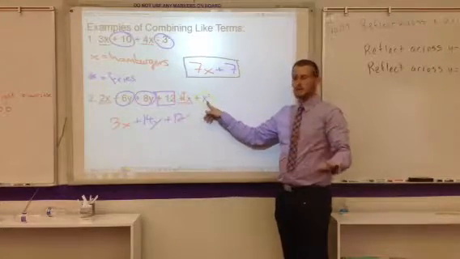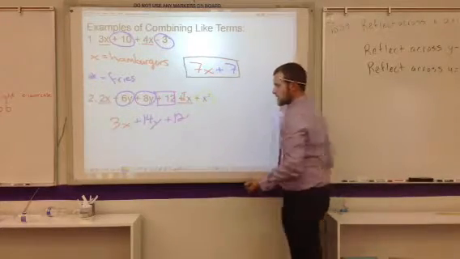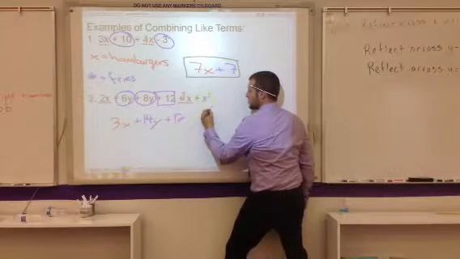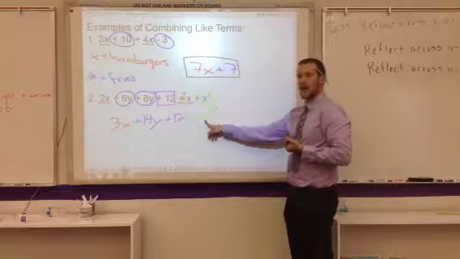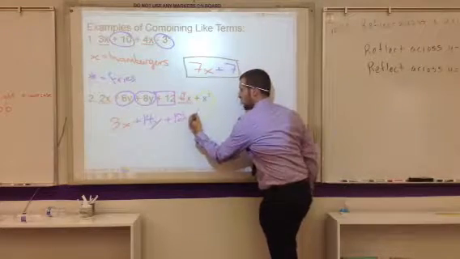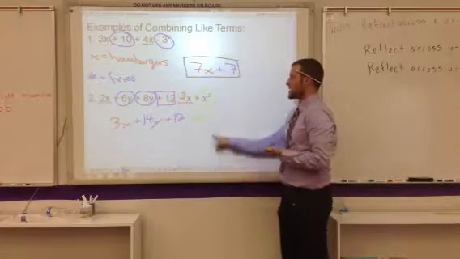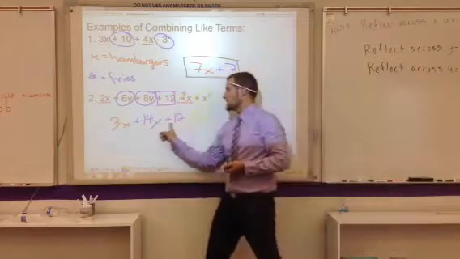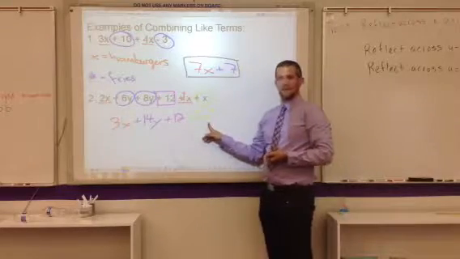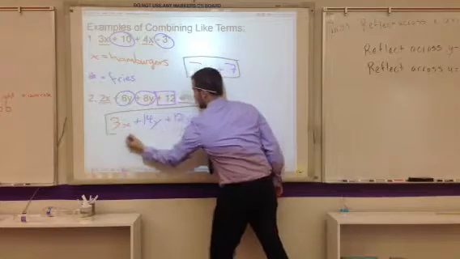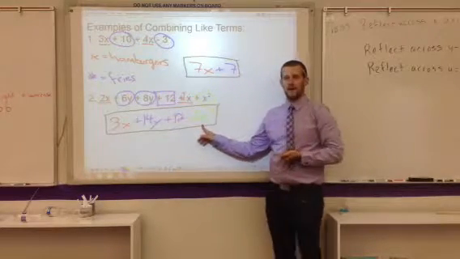This x squared is the only thing that's left, and it has no one to go with, so it still is just x squared. If I wanted to tell how many of these there are, since there's no coefficient again, it is 1x squared. But I don't have to write that 1. I can look here and say there are no other like terms, so I'm finished. All of my like terms have been combined.